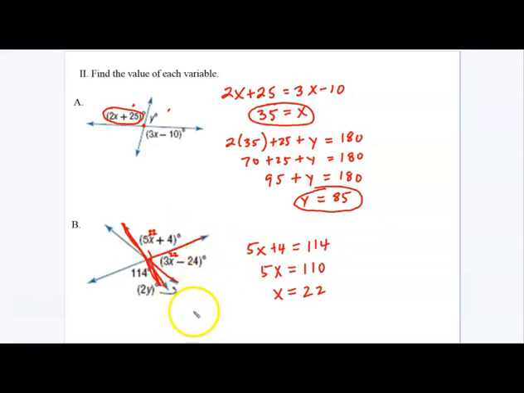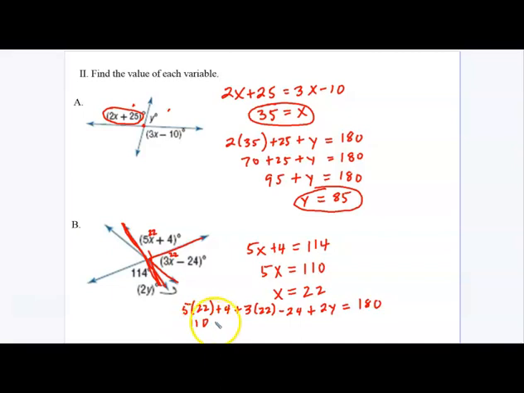Okay, so I'll just show my work like this. 5 times 22 plus 4, that's this angle. 3 times 22 minus 24, this angle. And then this small angle here currently is known as 2y. All 3 of those angles should add up to 180 degrees.